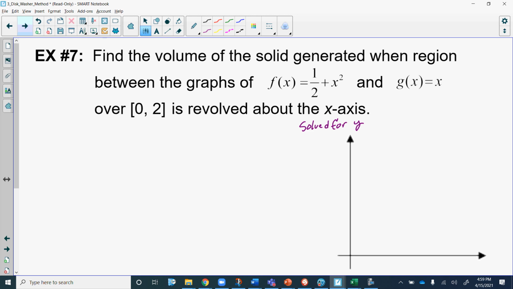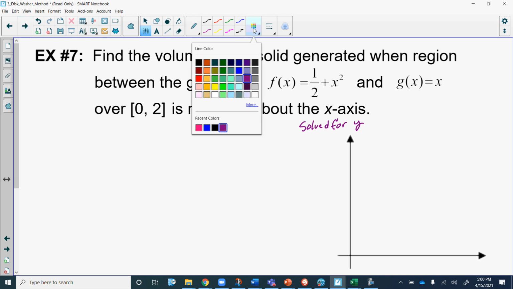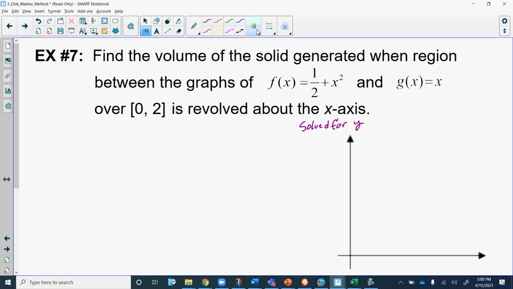So let's graph these and see what we end up with. 1/2 plus x squared. So we're taking the parent function and shifting it up half of a space. Let's graph this one here, that's going to be the easy one to graph, like that.